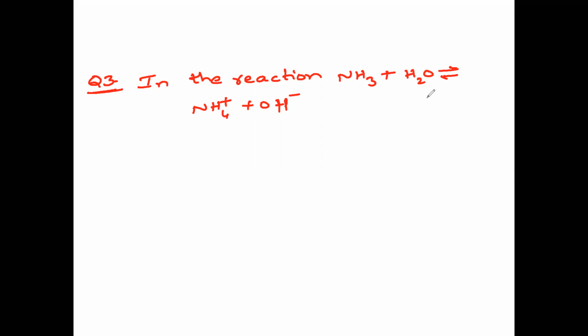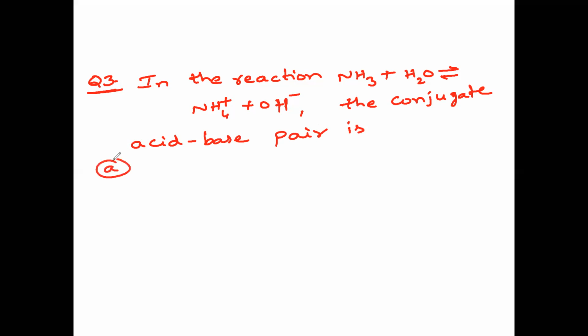The conjugate acid base pair is, option A, given as ammonia and water. Option B, ammonia and OH minus ions.